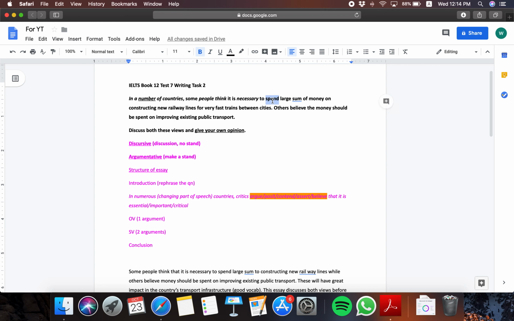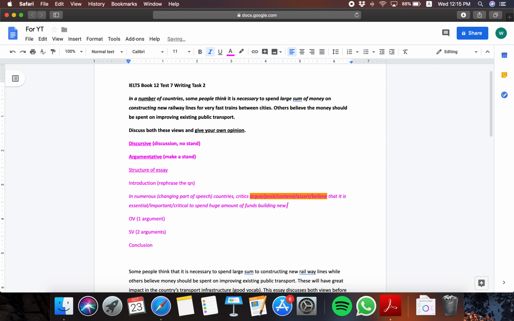To spend a large sum of money. Spend, maybe I'll keep it until I can think of better words. A large sum of money can be rephrased as a huge amount of funds. On constructing, it's a verb, change it to building.